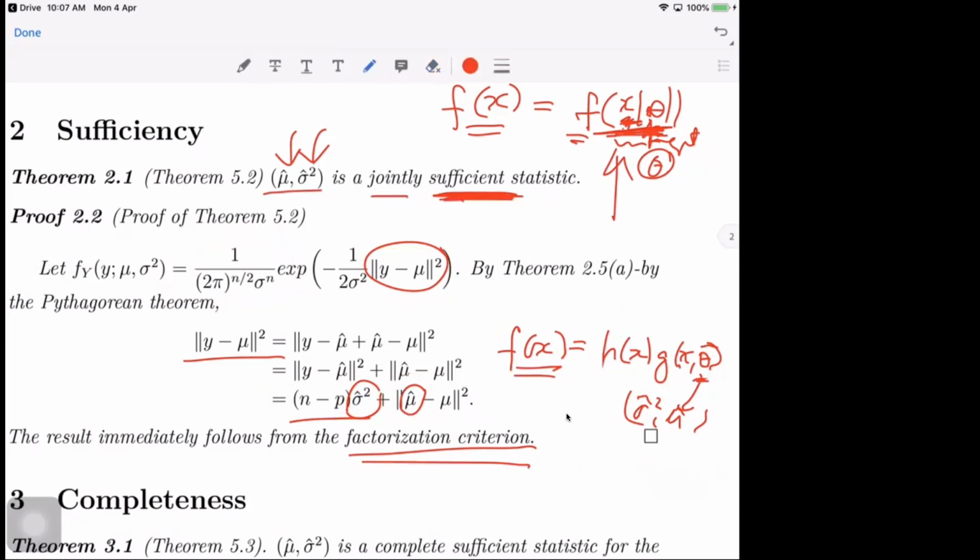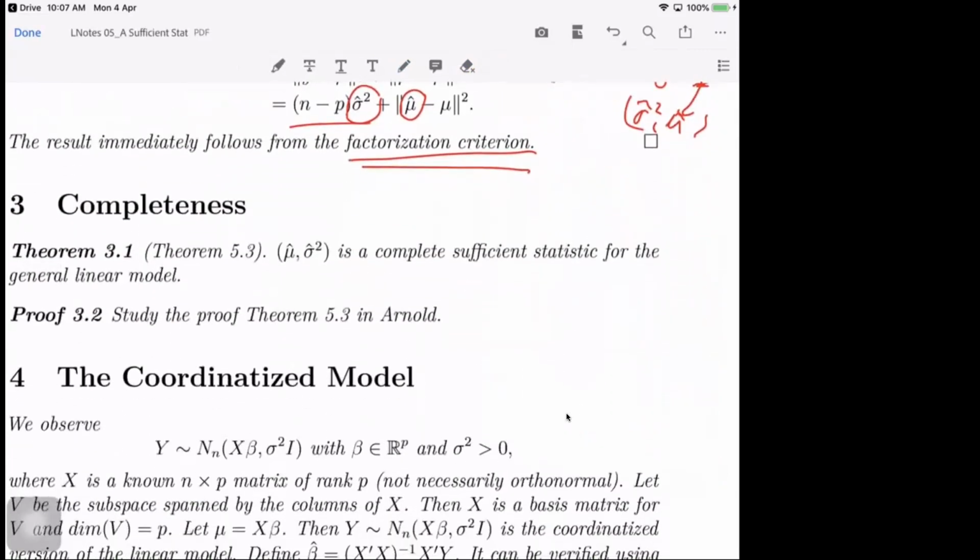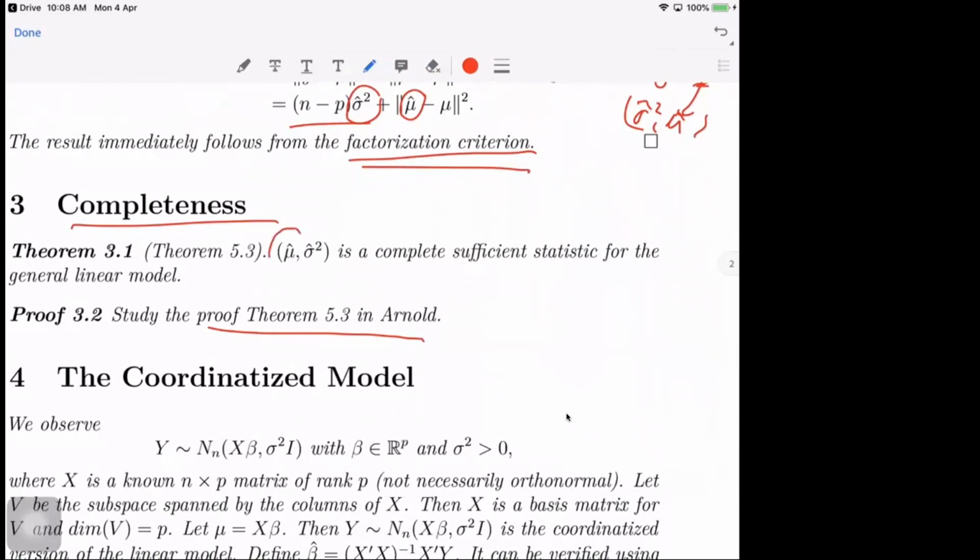Another characteristic of mu hat and sigma hat is its being complete, a complete statistic. If you look at the proof of Arnold in Theorem 5.3, completeness has to do with the neighborhood of the values of mu hat and sigma hat. So we will just accept the concept that aside from being a sufficient statistic, it is a complete statistic.